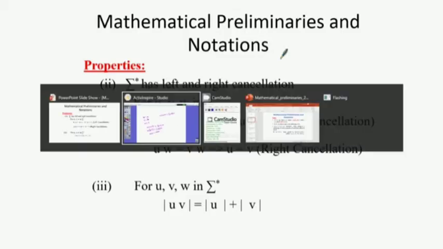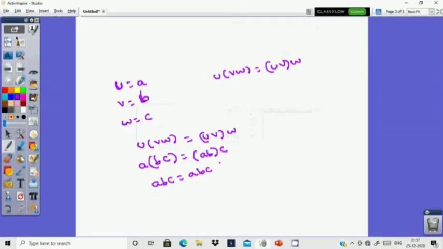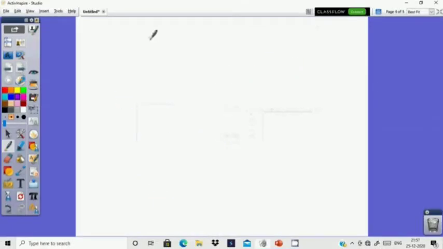Say u is equal to aa, and v is equal to bb. When I concatenate uv, the string becomes aabb.